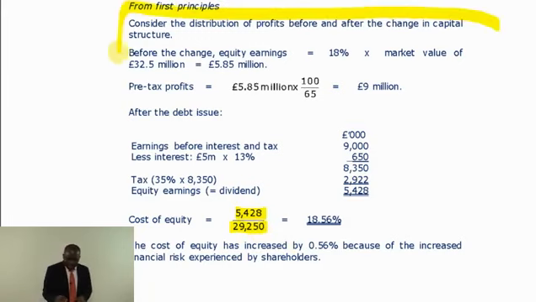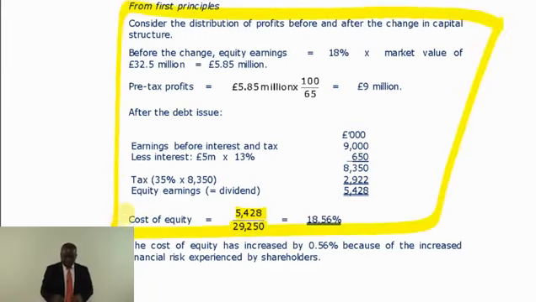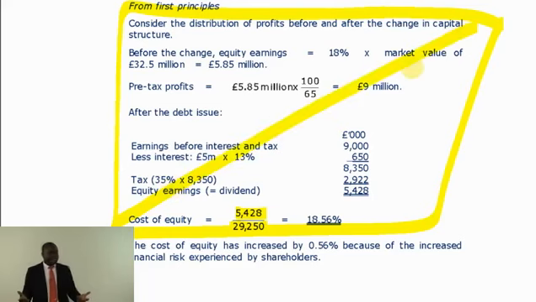But I am not even going to encourage you to learn this because it's just too long. Miller and Modigliani has made life very easy for us. Here we brought it for you to see that what you can do using the traditional theory, you can do using Miller and Modigliani.